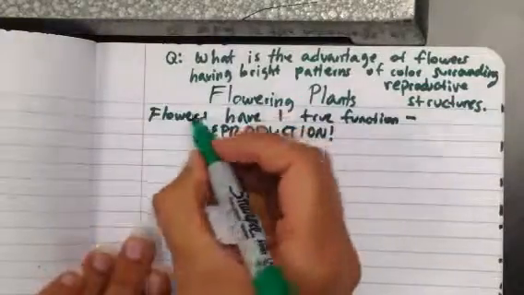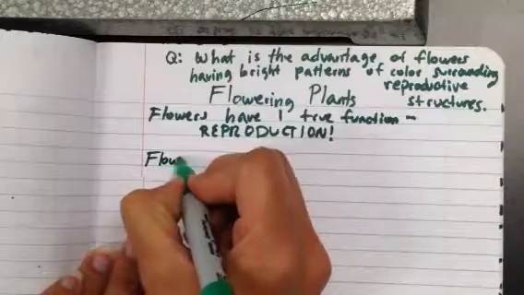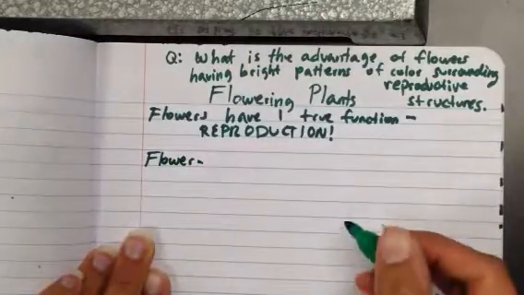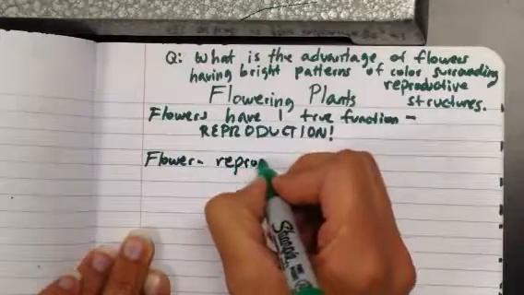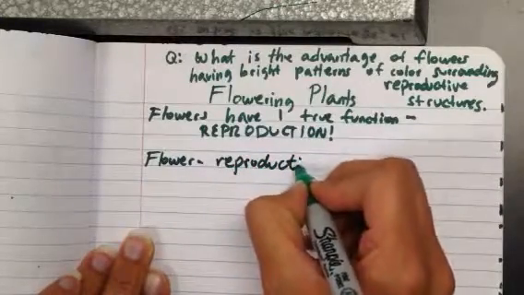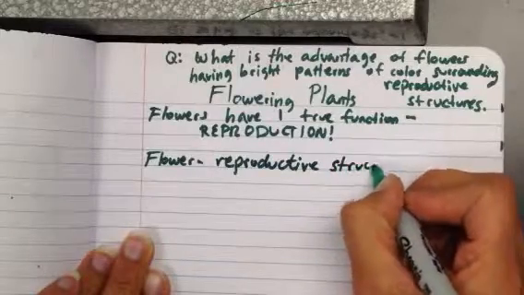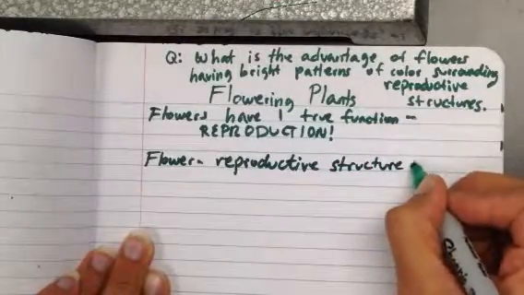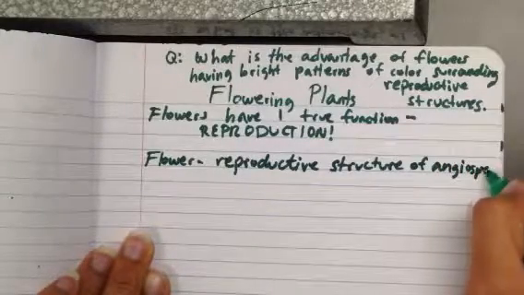So the definition of a flower is the reproductive structure of an angiosperm. Angiosperms.